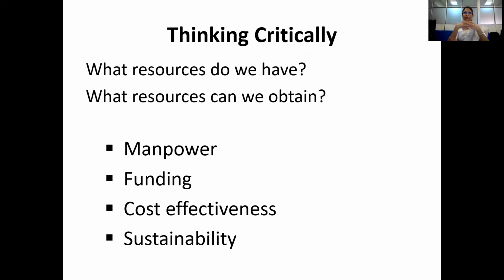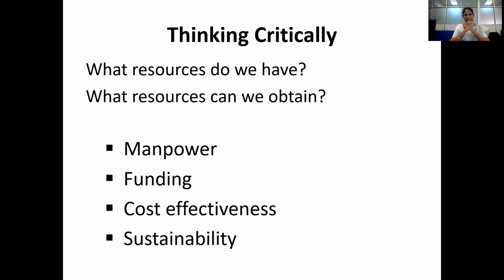We all have to think critically when somebody wants to start a palliative care unit. Initially, you have to think critically.